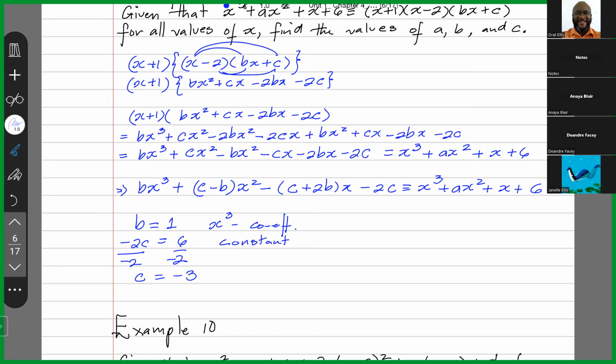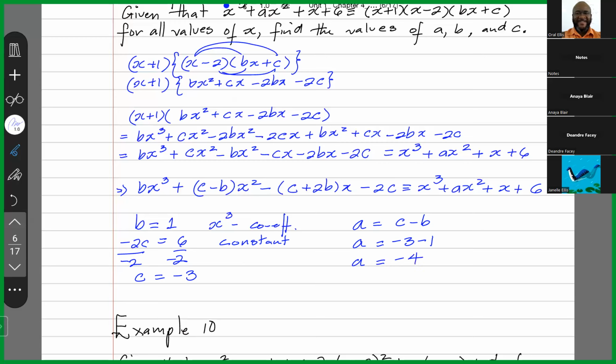All right, let's go for a. a is the x squared coefficient on the right. So a, the x squared coefficient on the right, is equal to c minus b, which is the x squared coefficient on the left. So a is equal to c, which is minus 3, minus b, which is minus 1. So a is minus 3 minus 1, which is minus 4.